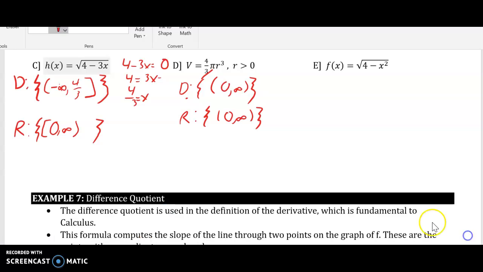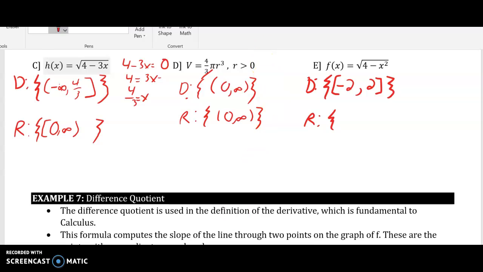So if I go back to here, can I plug in negative 2? Plug in negative 2, so it's 4 minus 4 is 0. That's okay. You can get 0 out of a square root. So notice I'm using brackets because I'm allowed to plug in 2. I'm allowed to plug in negative 2, and I can get anything in between there.